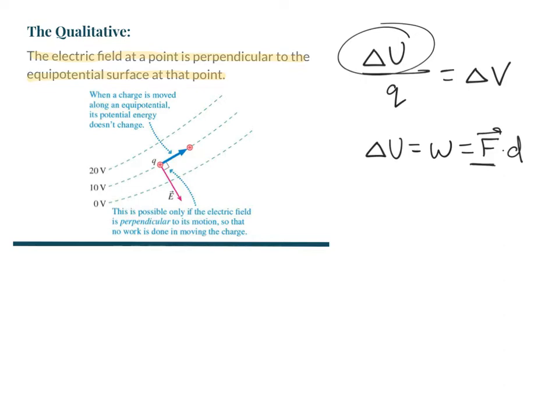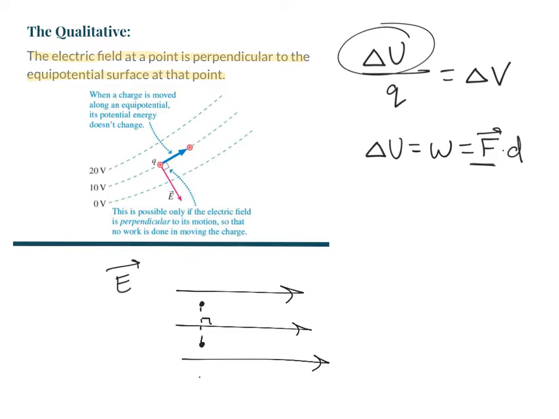In a direction where there is no force, for example, if we have an electric field going this direction, the force from the field is going to be parallel to the electric field. So if you move a particle perpendicular to the electric field, there's no force, so there's no change in potential energy due to the field.